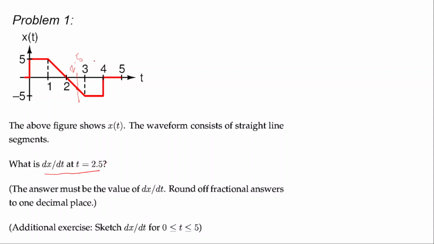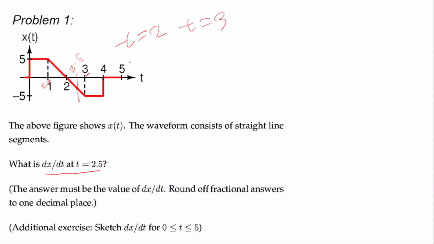From 1 to 3 the slope is the same, so we can calculate the slope at the exact point or at another point, as per our convenience. For convenience, let's take t equals 2 and t equals 3.